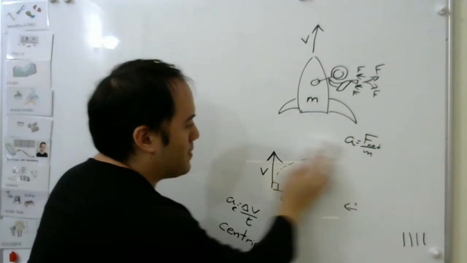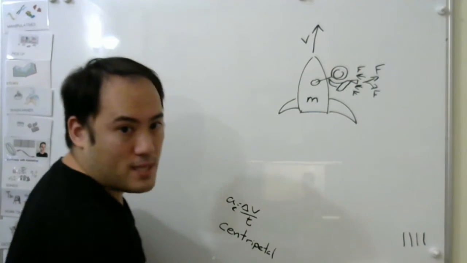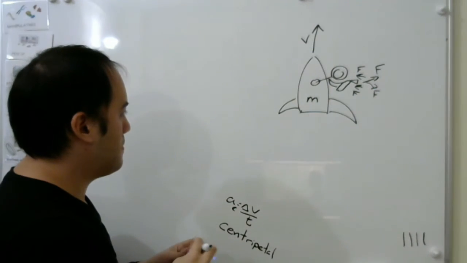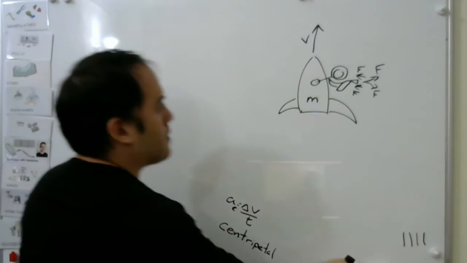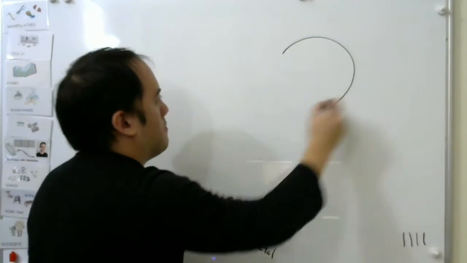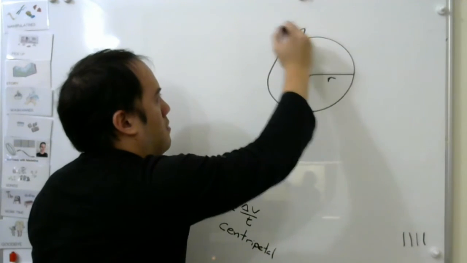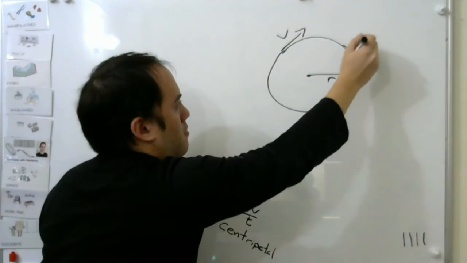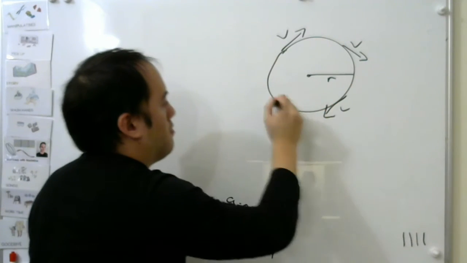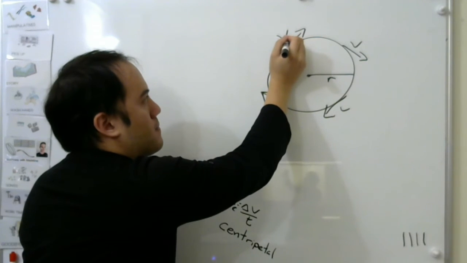Alright, this is going to blow your minds. It's time for a big brain moment. So an object's going in a circle. Let's say this is the initial velocity.